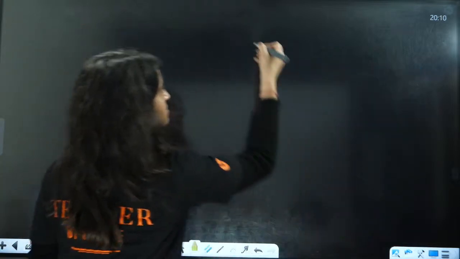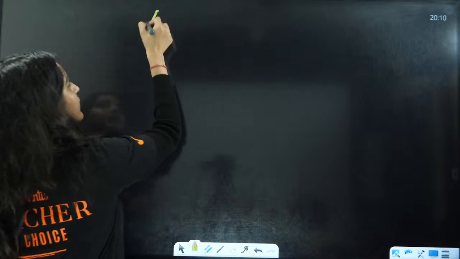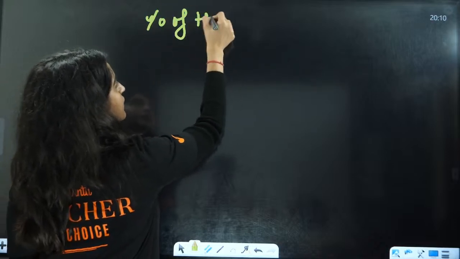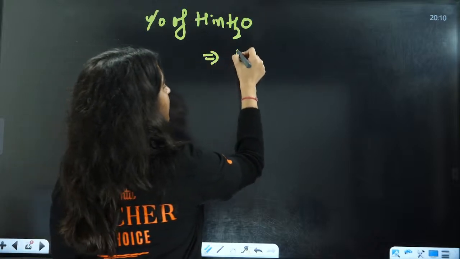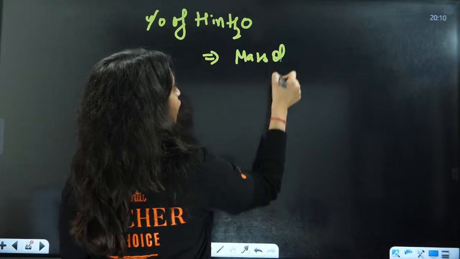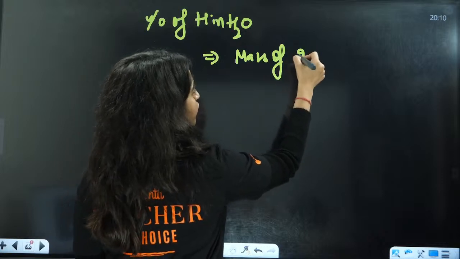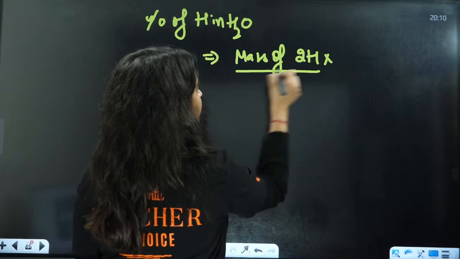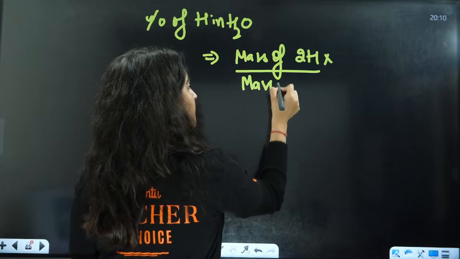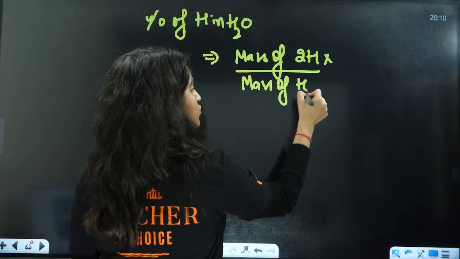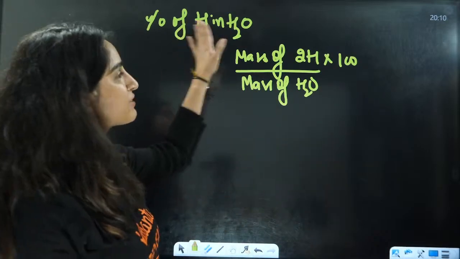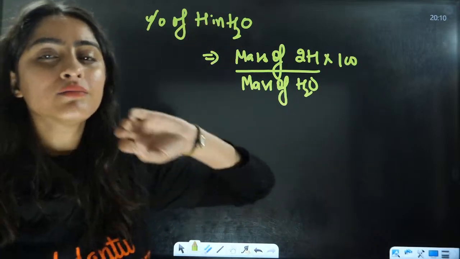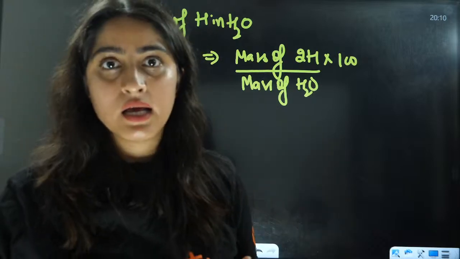Always remember one thing. If you want to calculate the percentage of hydrogen in H2, that will be mass of 2 hydrogen divided by mass of H2, into 100. That is the mass of that element in the formula, right?